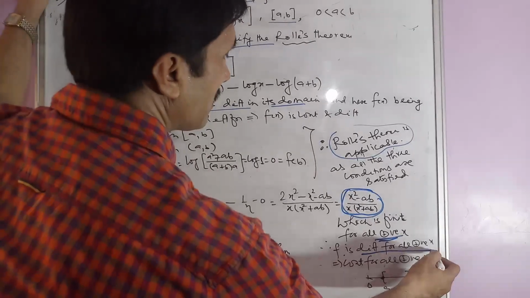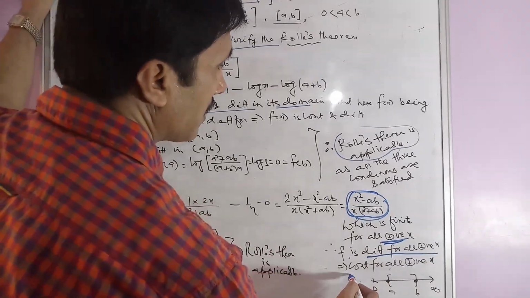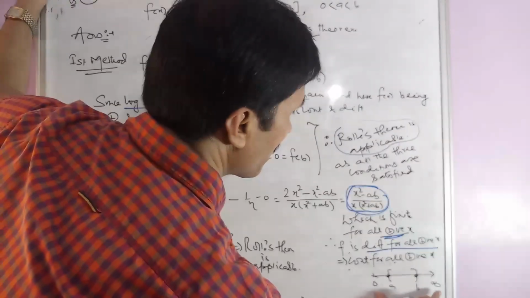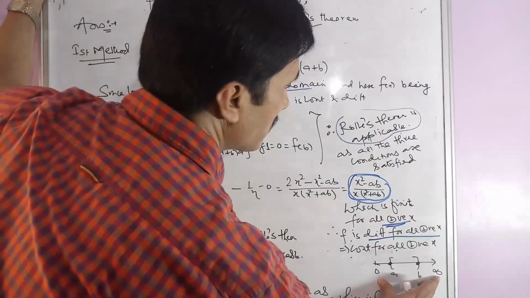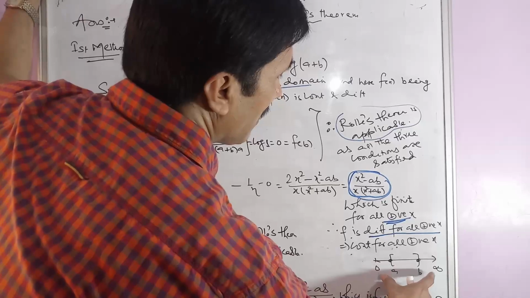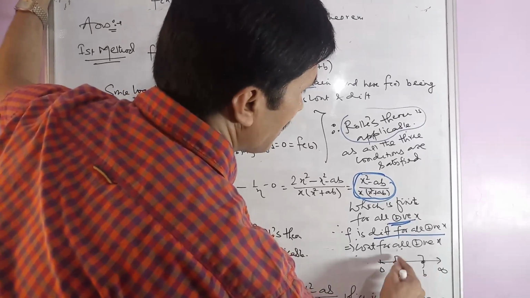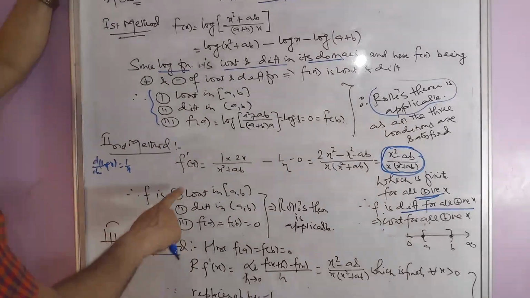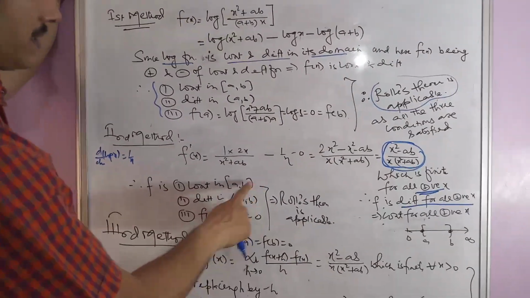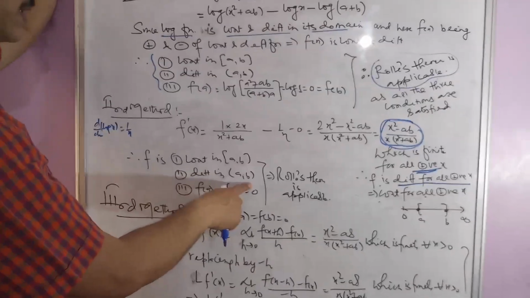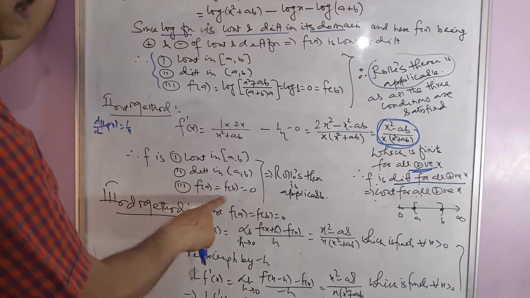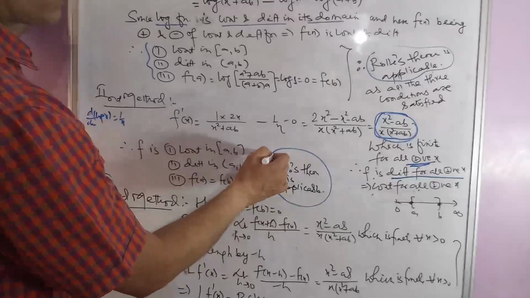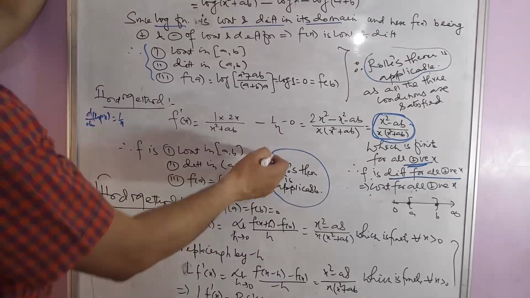Since differentiability implies continuity, it is continuous for all positive x. Here positive x means the open interval 0 to infinity. Its proper subset is this interval. So f is continuous in the closed interval [a, b], differentiable in the open interval (a, b), and f(a) equal to f(b) equal to 0. Therefore Rolle's theorem is applicable.